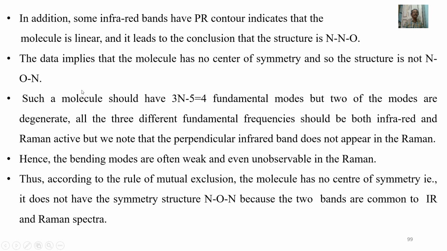In addition, some infrared bands have PR contours, which indicates that the molecule is linear, and it leads to the conclusion that the structure is NNO. The data implies that the molecule has no center of symmetry, and so the structure is not NON.